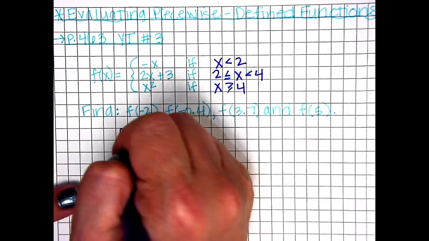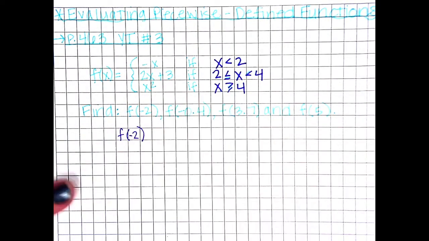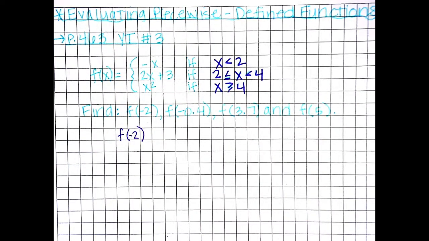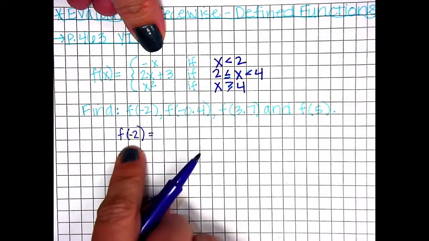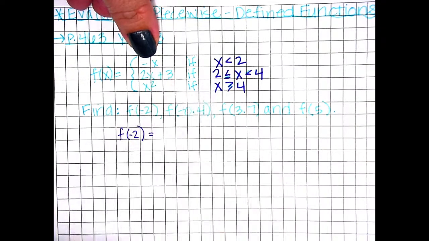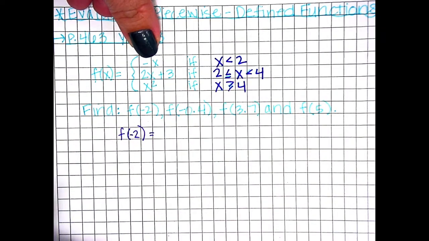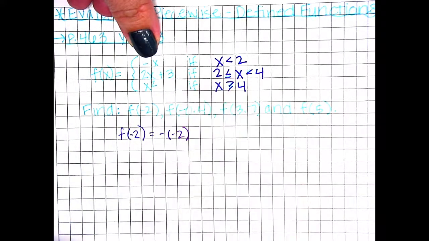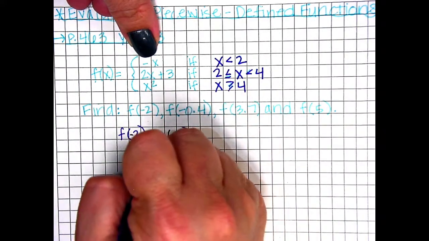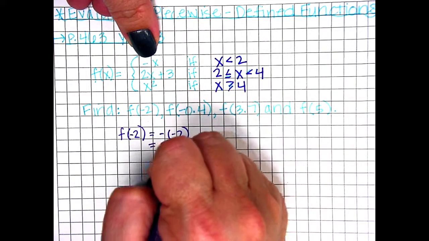Let me just apologize again, this is supposed to be negative 2, and it says that up above it. So it is going to go in the first one. So f of negative 2 is going to go into the negative x. So it's going to be negative negative 2, and that is positive 2.